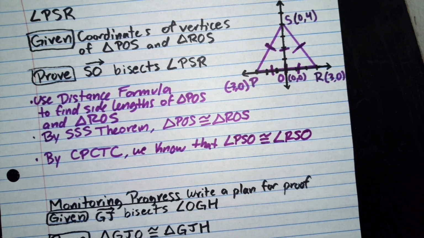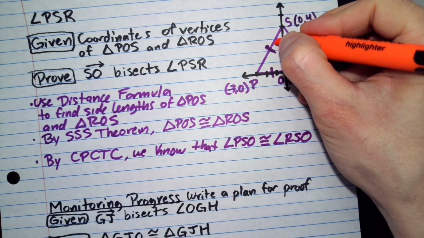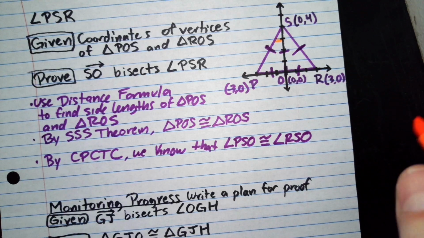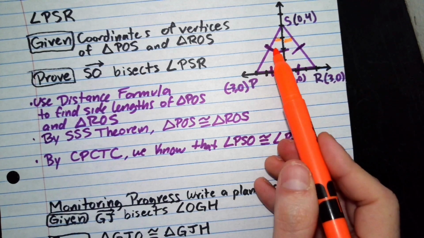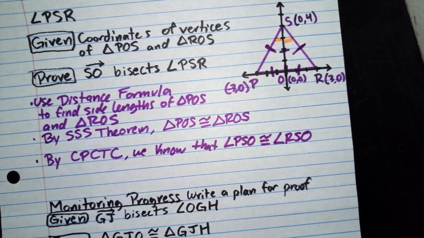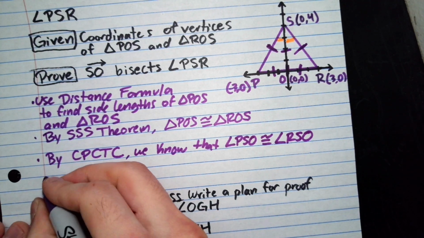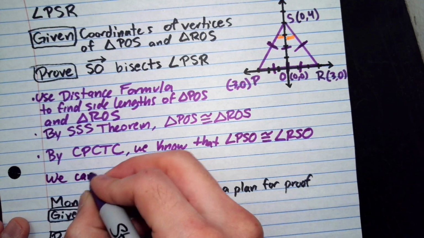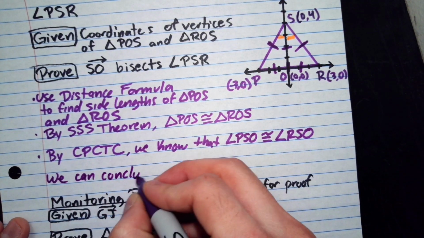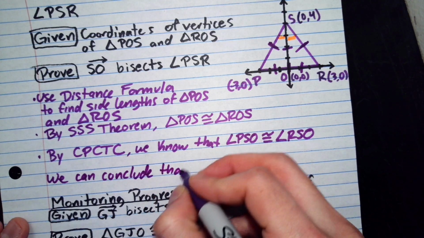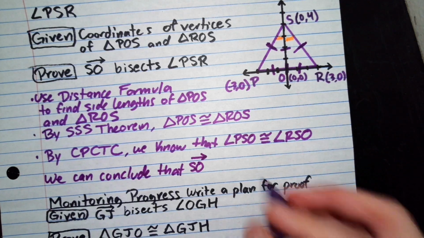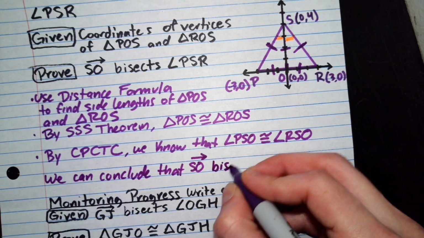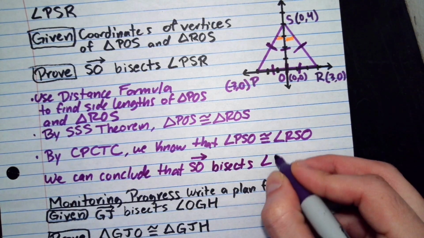And because angle PSO is this one right here, and angle RSO is this one right here, because we now know that these both measure the same thing, we can conclude that the segment SO, the ray SO, bisects angle PSR.